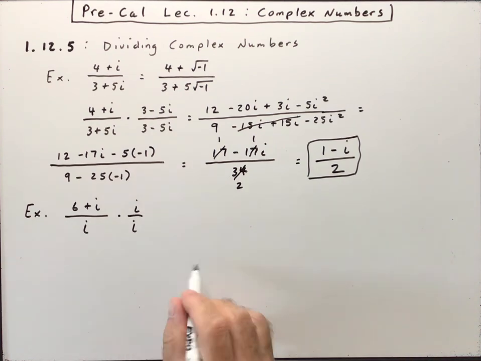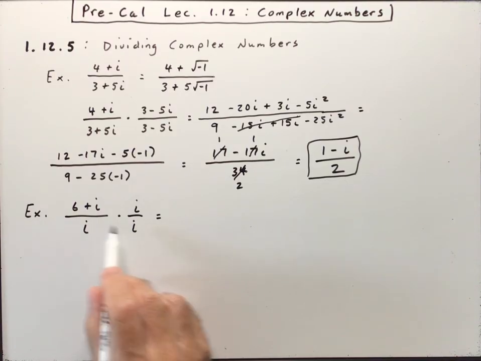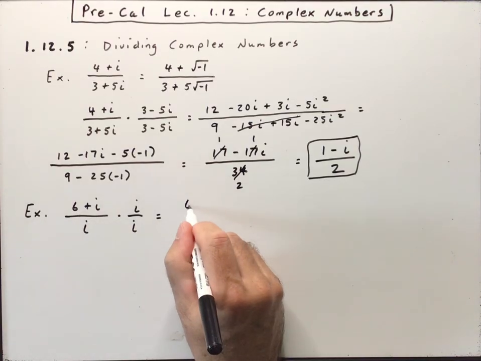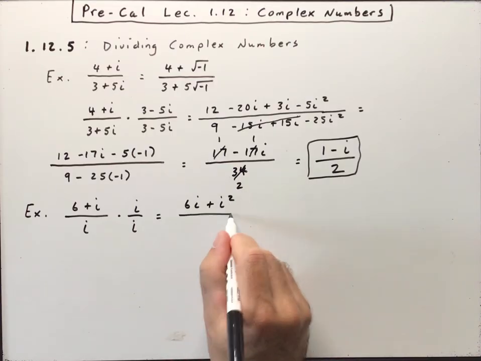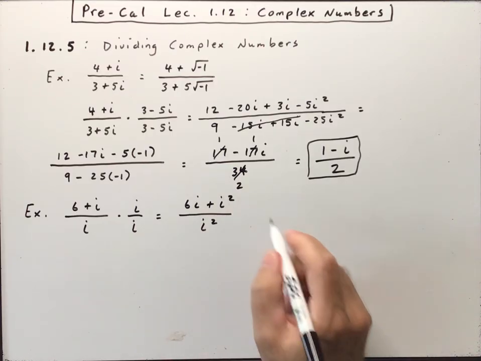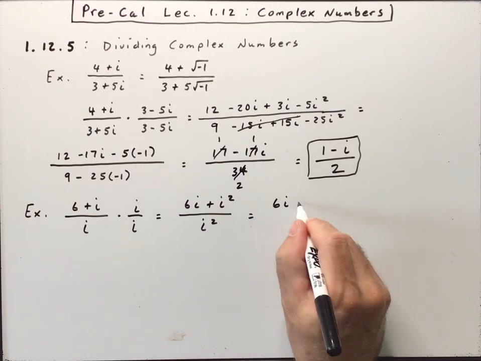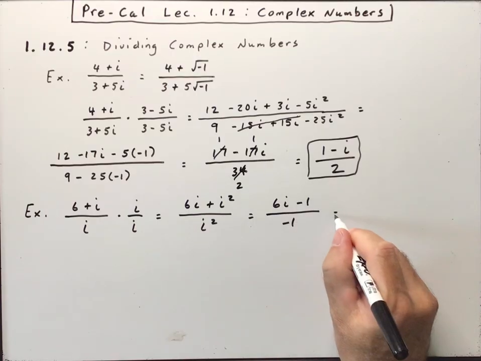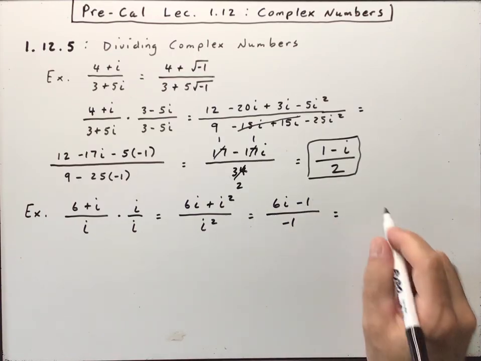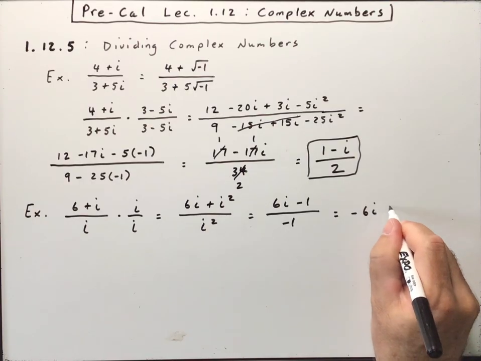That way I don't introduce a negative term, but I get rid of the i, because what we would have on top is 6i plus i squared over i squared. So that's going to be 6i, and then i squared is negative 1, so minus 1 over minus 1. So if I divide minus 1 into both terms, I would have negative 6i plus 1.